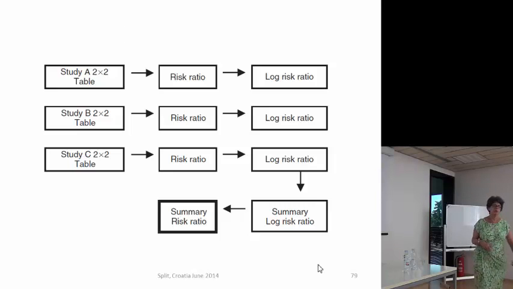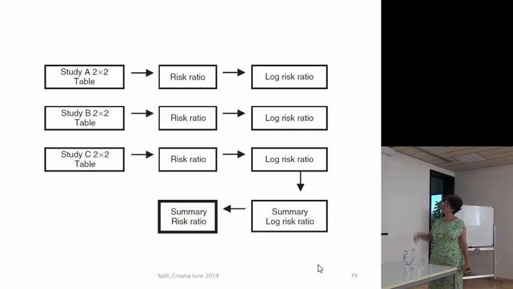So if you want to do a meta-analysis using risk ratios, what you would do is extract the data from the 2x2 table for each study. You would compute the risk ratio on your own. You would convert the risk ratio to the log risk ratio, and then you would actually perform your meta-analysis on the log risk ratios.